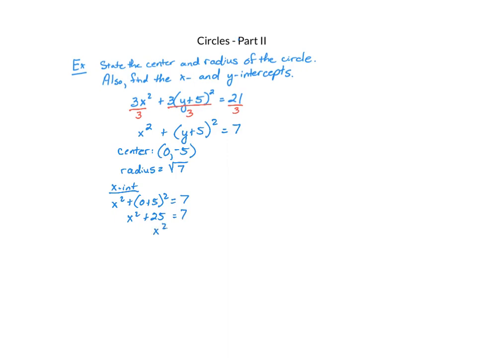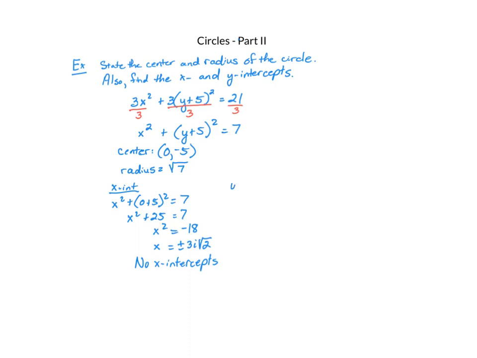So we have x squared equals negative 18. And if we take the square root of both sides, notice we do have a non-real number. The square root of negative 18 is 3i square root of 2. But we can only graph real numbers when we're drawing a circle in a plane. So there are no x-intercepts.